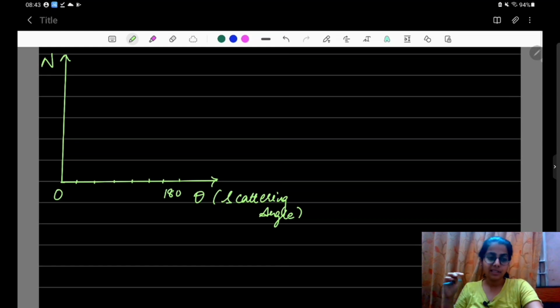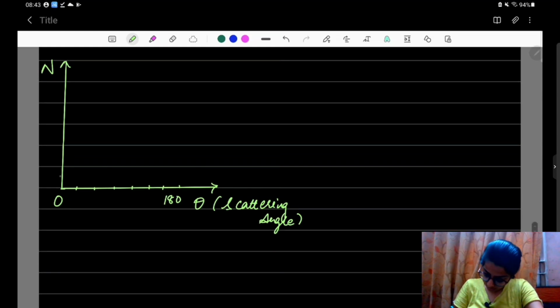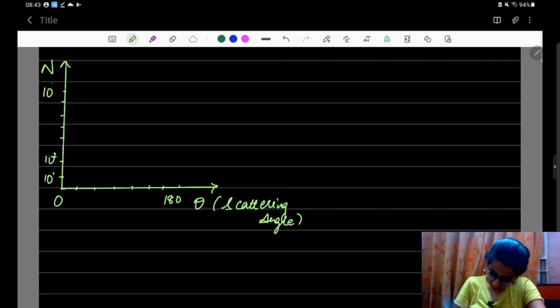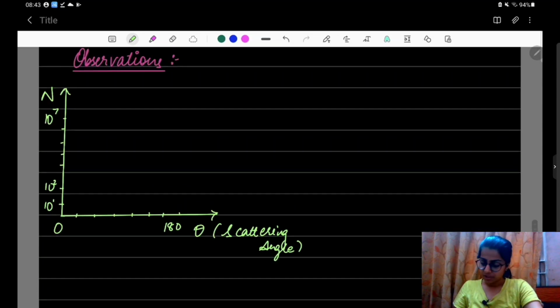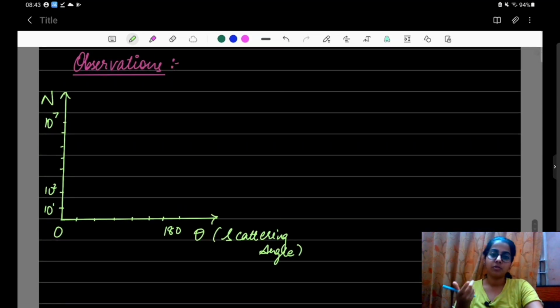And here the number of alpha particles, let's say 10 raised to 1, 10 raised to 2, up to 10 raised to 7. The exact graph has been drawn in your CBSE NCERT textbook. Here we just need to understand what observations were made.